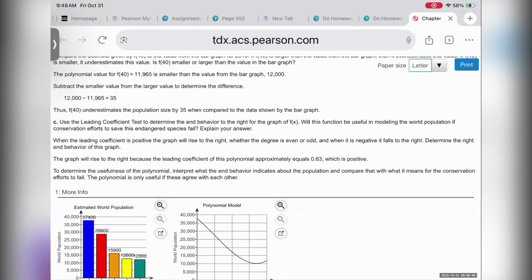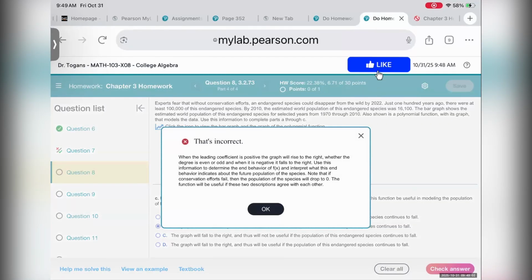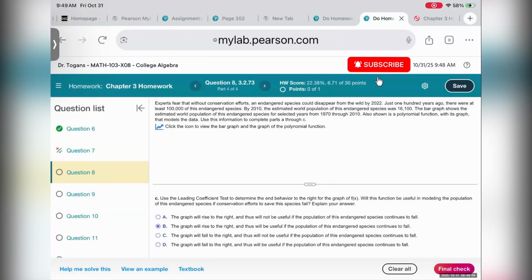What does it do? When the leading coefficient is positive, okay. Read that before, never mind.